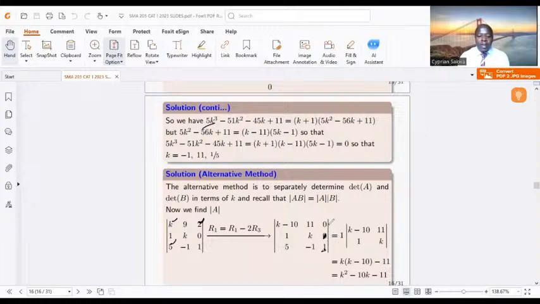So 1, and it's plus. Delete the row and the column of 1. You're left with k minus 10, 11, 1, then k. So the determinant of this is this product minus this product. So that is k squared minus 10k minus 11.